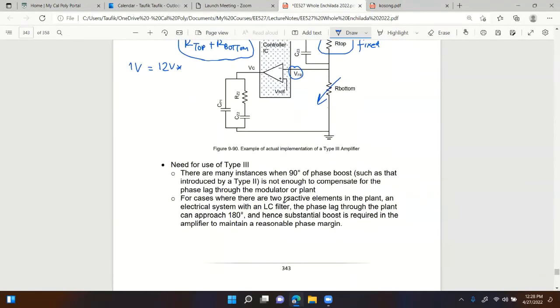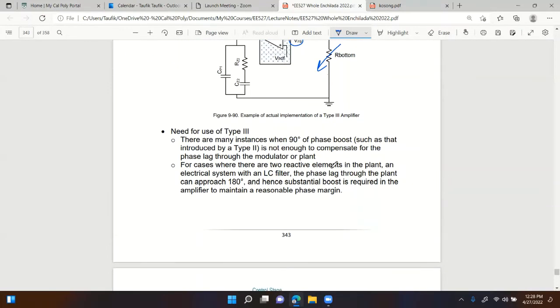What would we need type 3 for? There are many instances where 90 degrees of phase boost, such as that introduced by type 2, is not enough to compensate for the phase lag through the modulator or plant. For example, I think I mentioned one already on Monday.